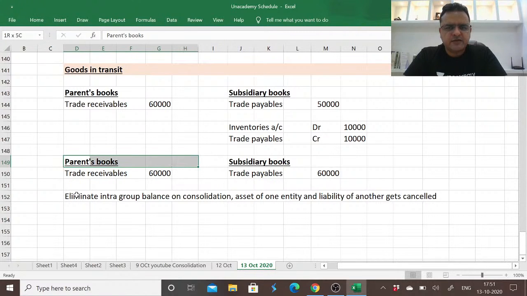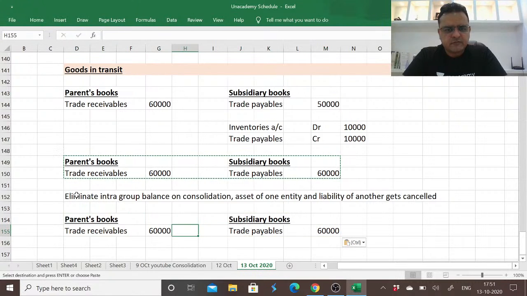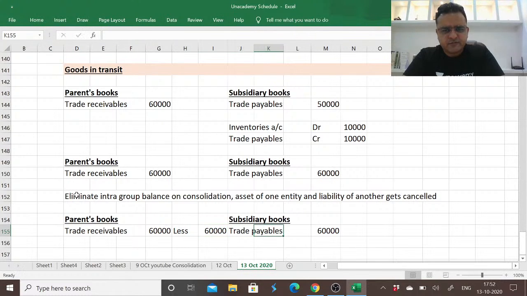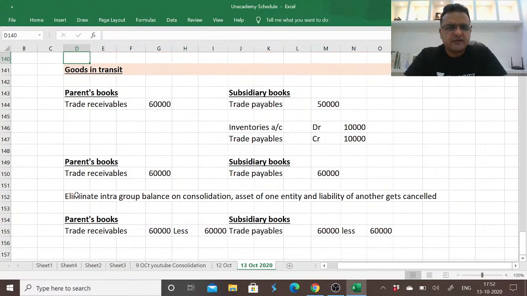So the treatment will be less 60,000, less 60,000, eliminated. First we need to bring them at par, treat goods in transit, and then eliminate intra-group transactions.